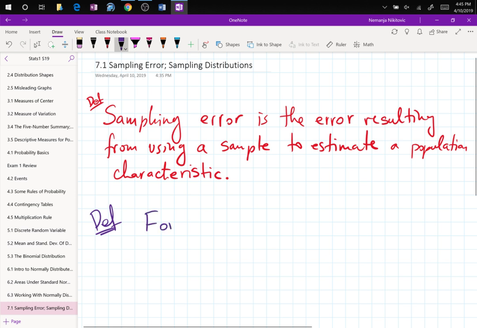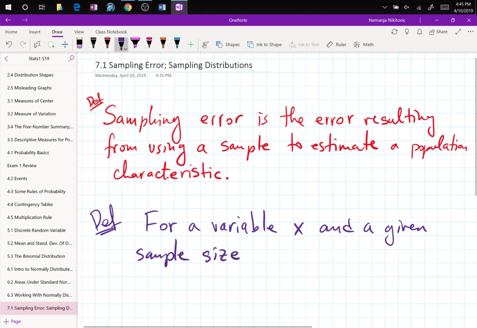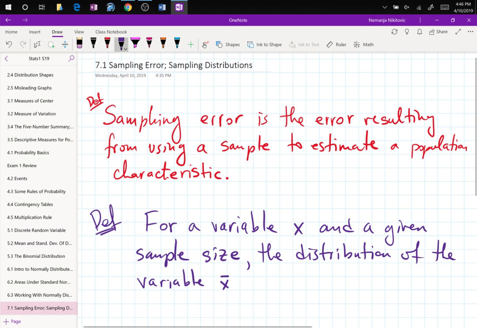For a variable x, and a given sample size, the distribution of the variable x bar is called the sampling distribution of the sample mean.